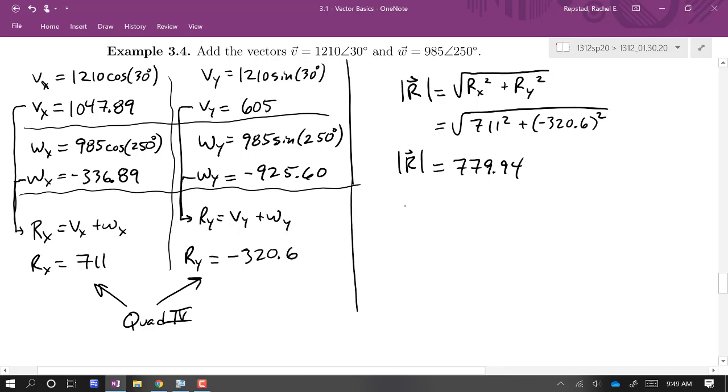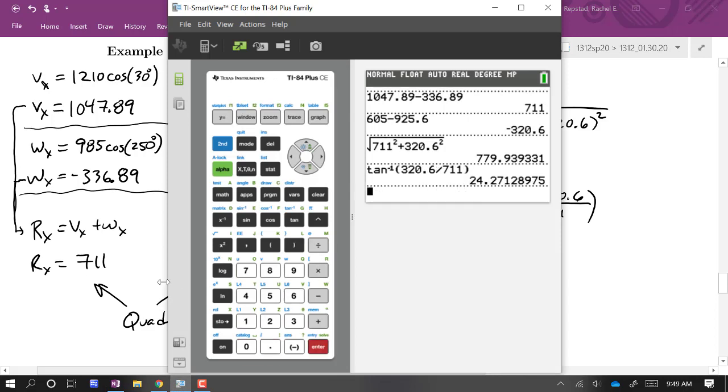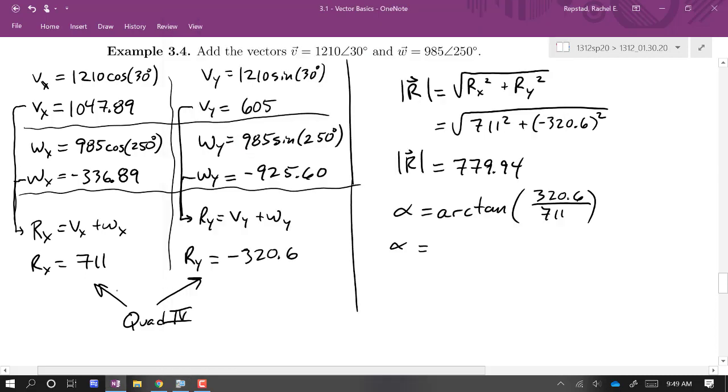We're going to find alpha. We make sure that we always plug in positives to the arctan function to get our reference angle. So it's going to be positive y component over positive x component. So 320.6 over 711. 24.3 degrees.